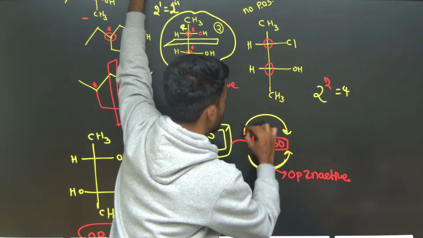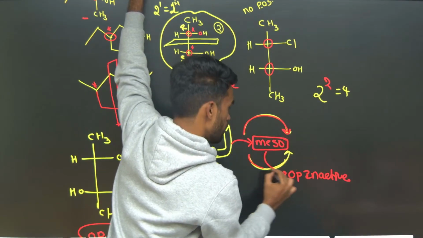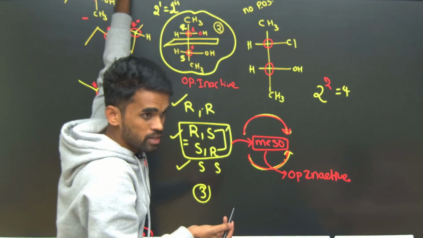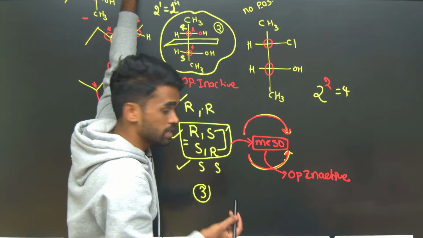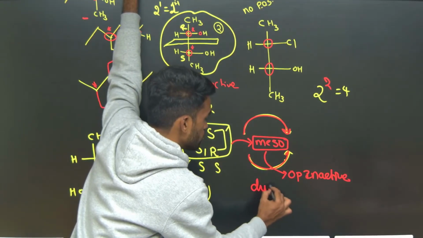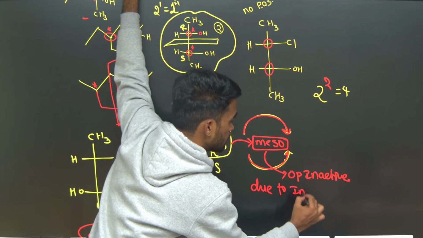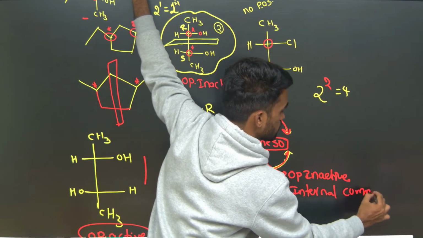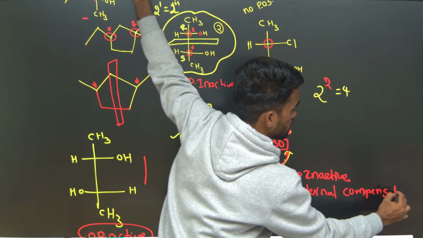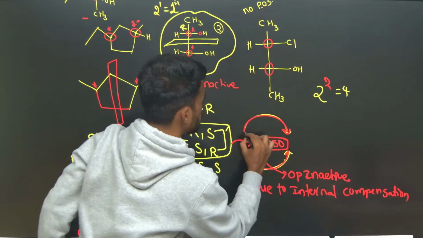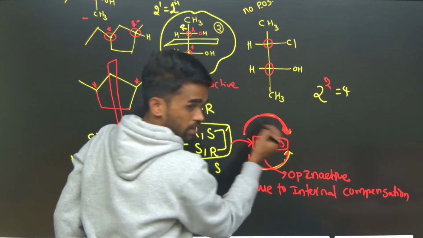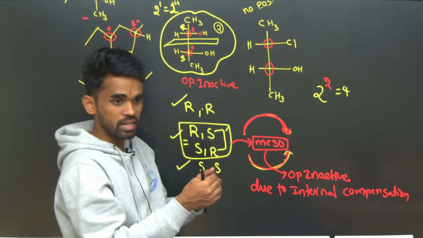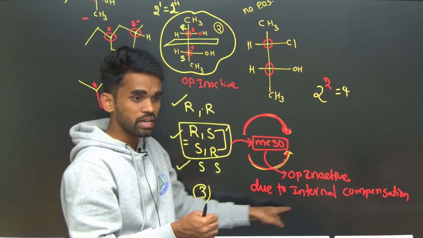Because of the plane of symmetry, or in more proper terms, due to internal compensation. What is this internal compensation? See, one is rotating right, clockwise, another one is anti-clockwise. So they are compensating each other. Therefore, I can say internal compensation.